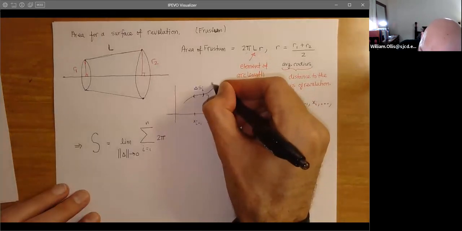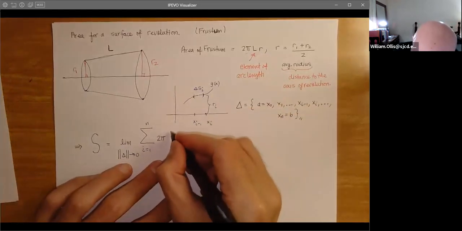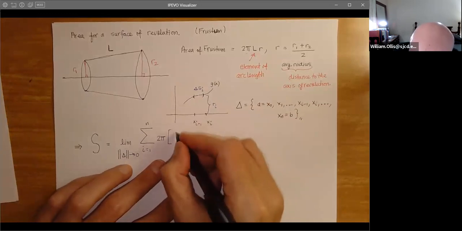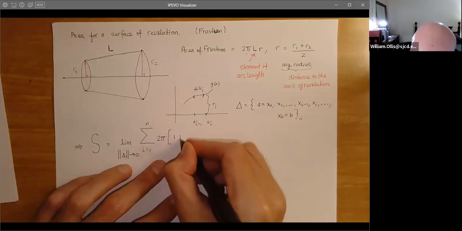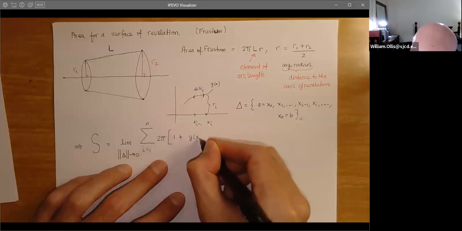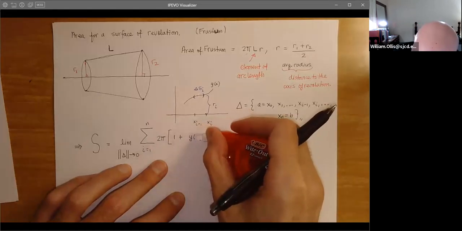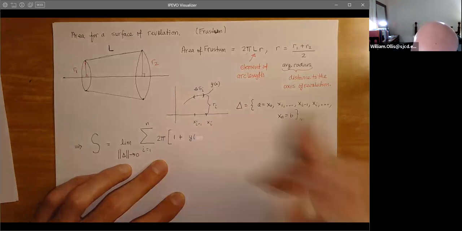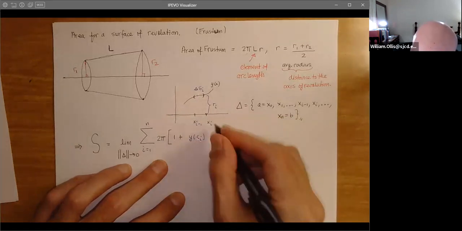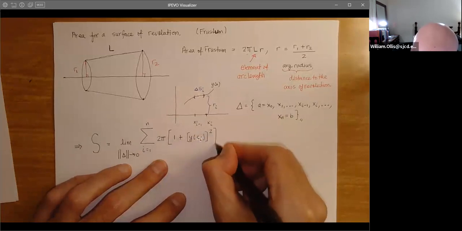So we have the element of arc length, which will be the square root of 1 plus y prime of c sub i, squared, to the 1/2.